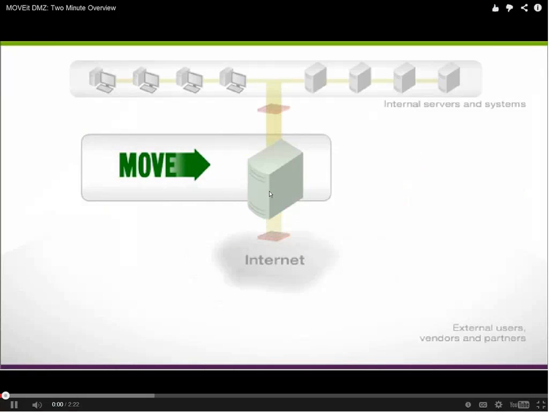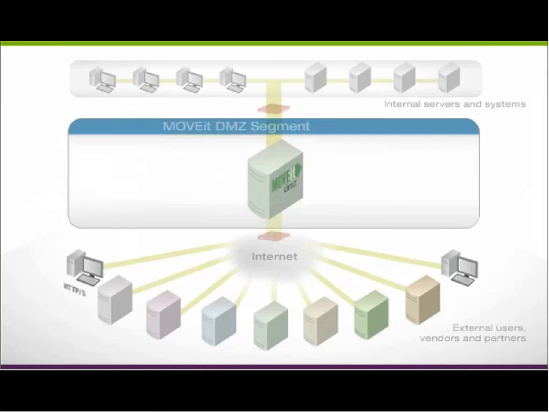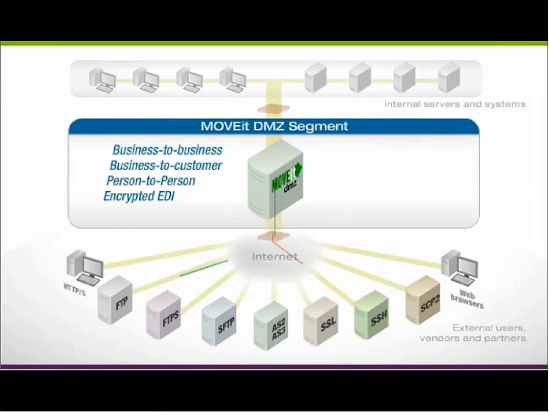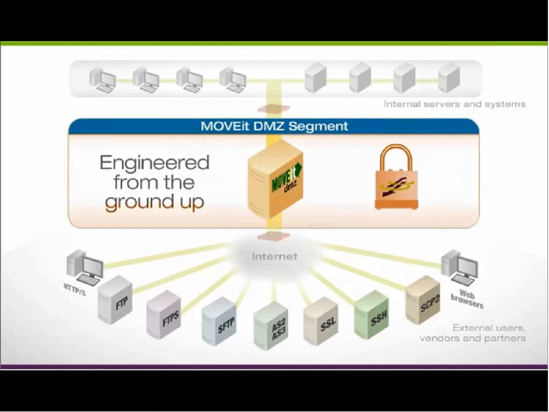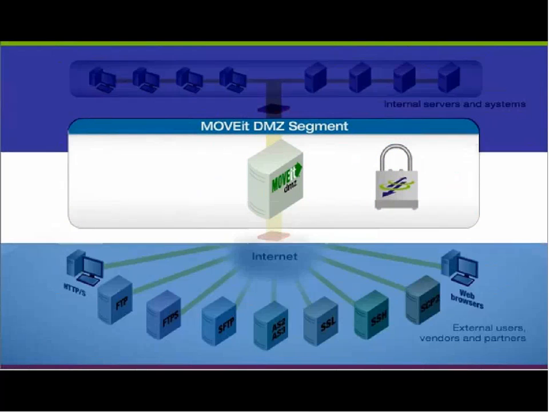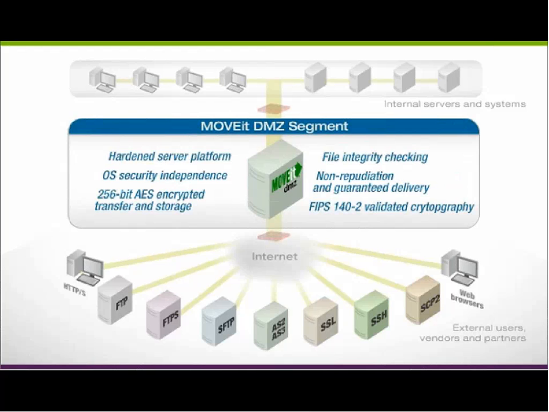MoveIt DMZ is designed to be the world's most secure managed file transfer server, enabling status-based file and data transfers between systems, applications, and people. It's engineered from the ground up for enterprise-level security. End-to-end encryption is 100% secure, and no third-party encryption technology is needed.